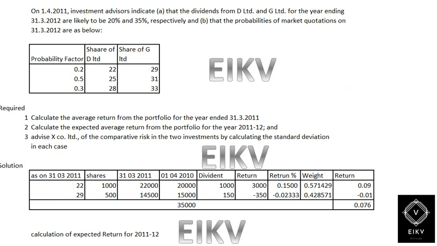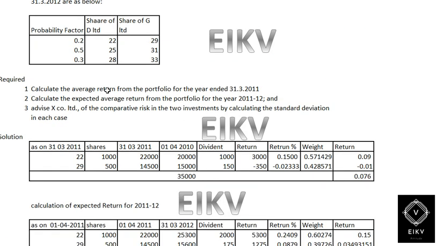And you are required: number one, calculate the average return from the portfolio for the year ended 31/3/2011. Number two, calculate the expected average return from the portfolio for the year ended 31/3/2012.